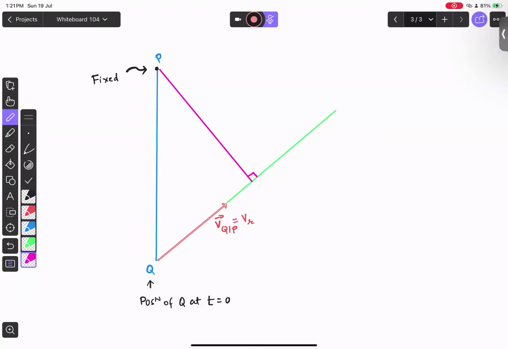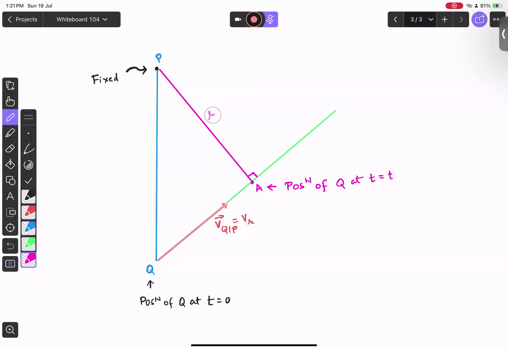The foot of the perpendicular, suppose I call it A, is the point where Q reaches at time T. That is the position of Q at time t equals T. At this moment, point Q will be closest to point P, since the minimum separation between a straight line and a point is the perpendicular separation.